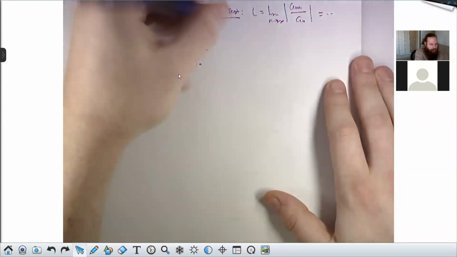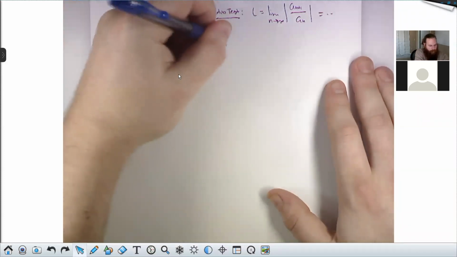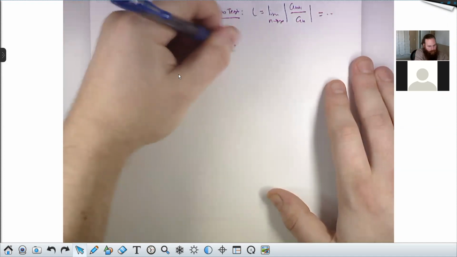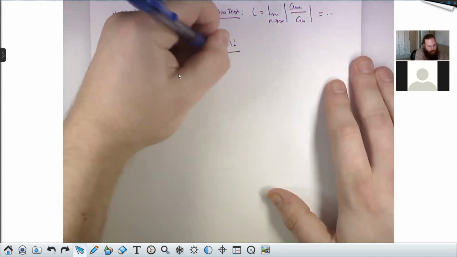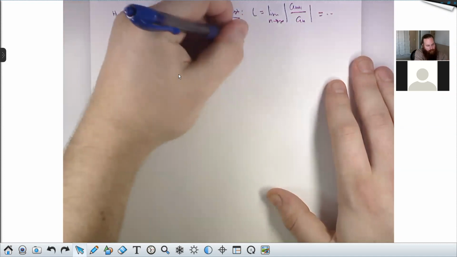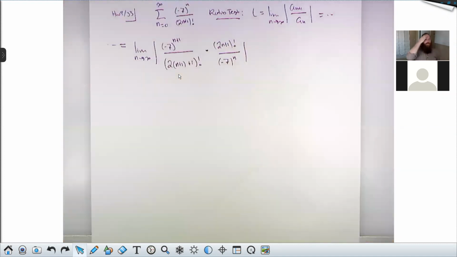And then I multiply by the reciprocal of a_n, which is (2n+1) factorial over (-7) to the n. Here, not everything is positive. This is actually an alternating series. You could use the alternating series test if you wanted to, but again, because of the factorial downstairs, I'm inclined to say ratio test.